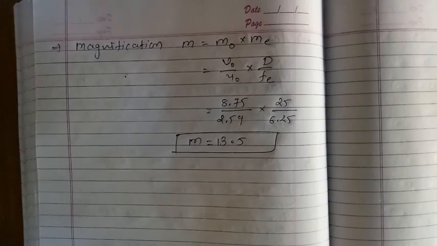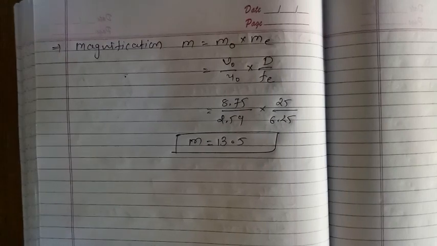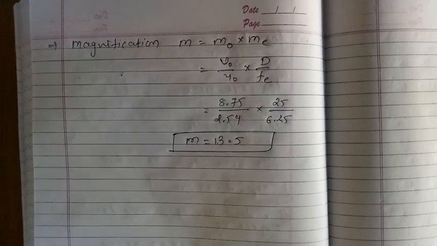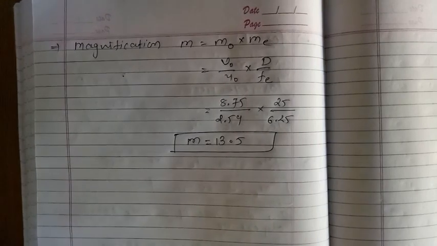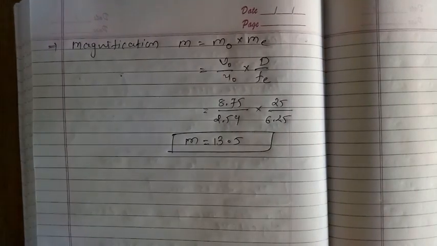So we get the image distance for objective. And if we know the image distance for objective, then from the lens formula we can easily find out the object distance from objective, right? So this is a very easy example. Now we move forward to our next example.